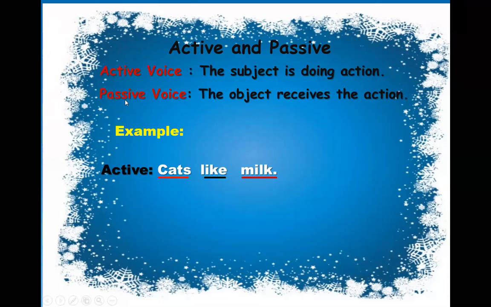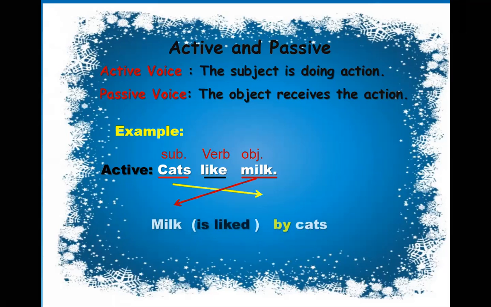If we want to change this sentence into passive, the object receives the action. So we will start with milk, not with the cats. Okay? How do we do it? We delay the subject and we start with the object, like this: Milk is liked by cats.